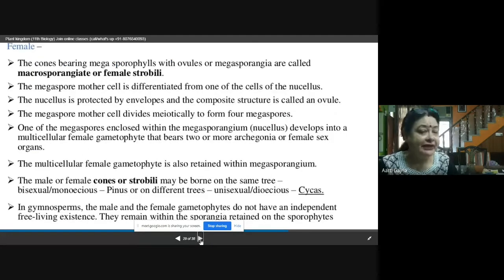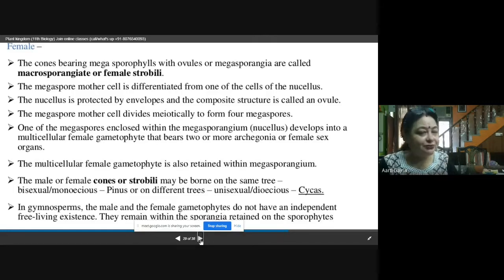In females, the cones bear megasporophylls, the big leaves with ovules or megasporangium, forming the macrosporangiate or female strobilus, or female cone.